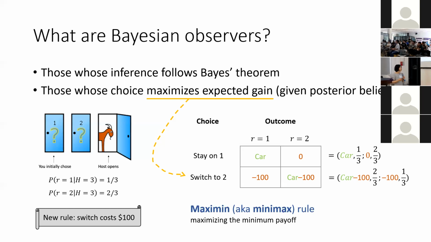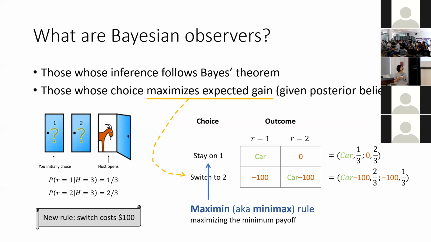If you think in this way, then you probably should choose to stay on one. Because if you switch to two and you don't get the car, then your payoff would be minus 100. That's the worst. And if you stay on one, the worst would not be worse than zero.